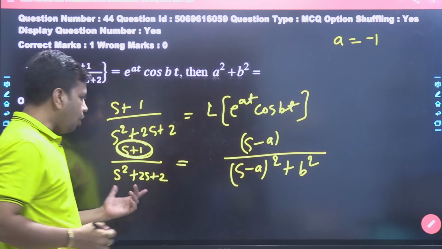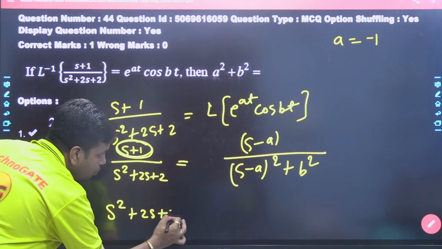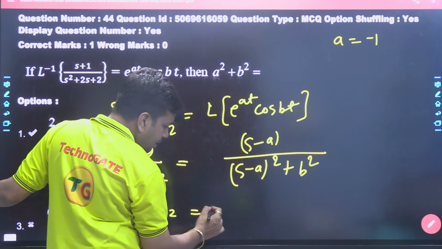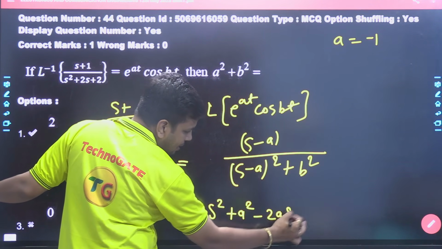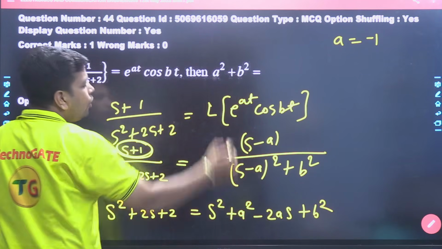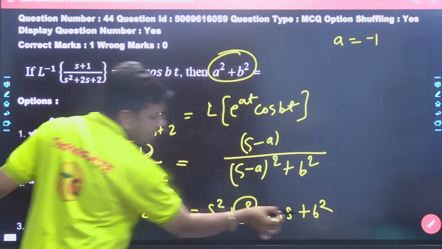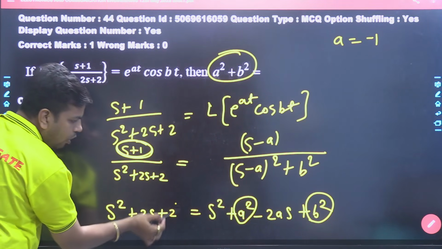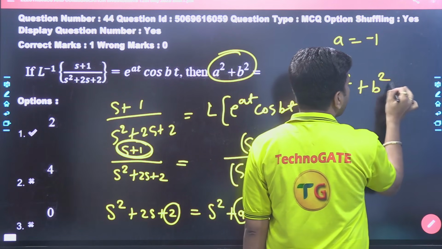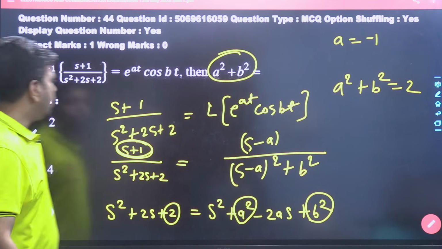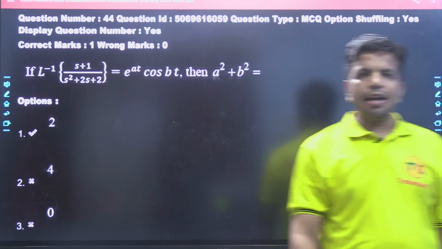Now compare the denominator. s square plus 2s plus 2 equals s square minus 2as plus a square plus b square. We need to compute the value of a square plus b square. The constant coefficient is a square plus b square, and on the left-hand side the constant coefficient is 2. So we can directly conclude that a square plus b square is simply 2. You can go with the first answer.